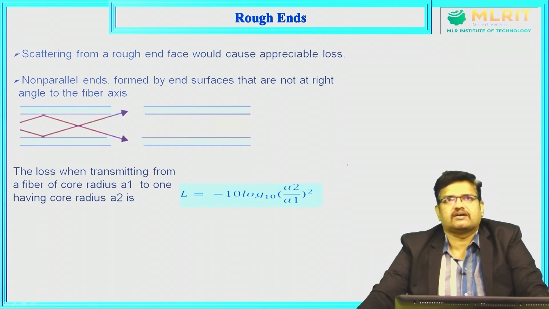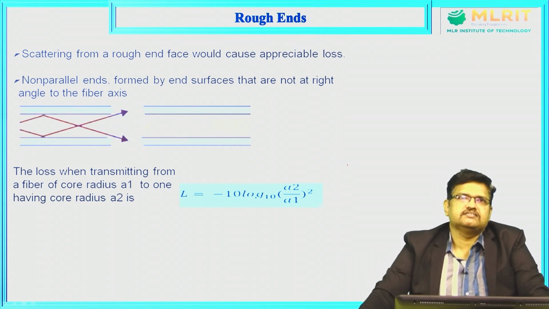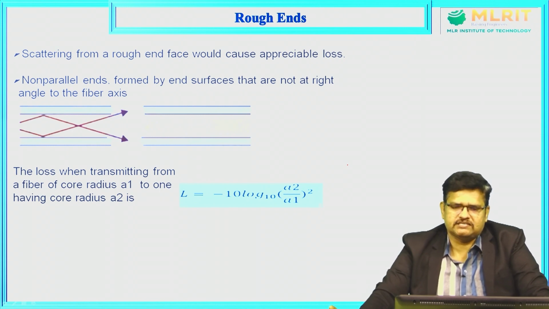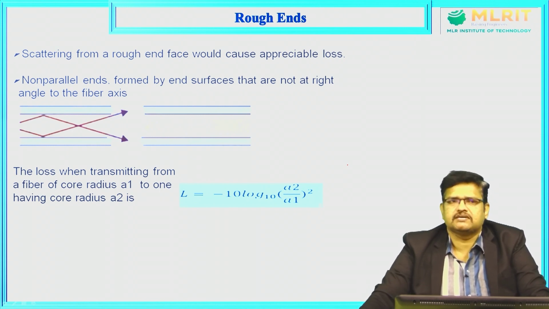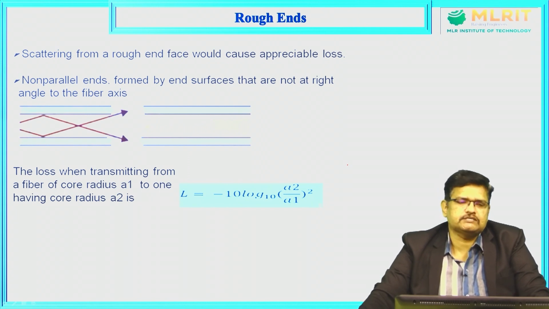Next one, rough end. Many optical fiber communication systems install two fibers, and most technical people experience this kind of loss with a rough end. While cutting the two fibers, it should be a smooth end.